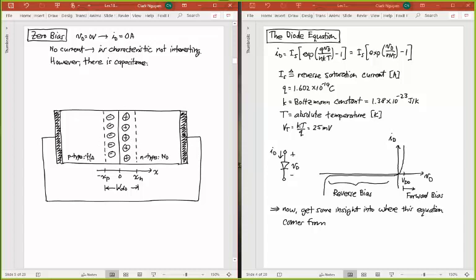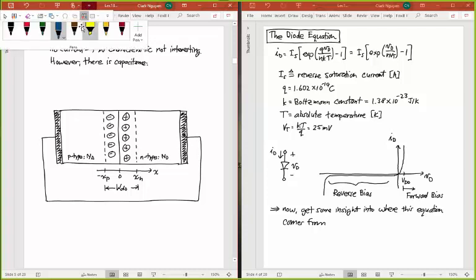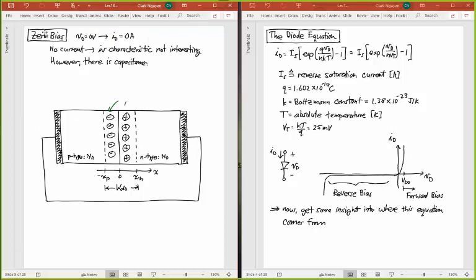Okay, but first, before showing exactly how this is a capacitor, let's talk about the physical structure here. So we've already said that what we have is a system where we have mobile carriers and immobile carriers. So in this region right here, I shouldn't call them immobile carriers because they're not carriers, they don't move.